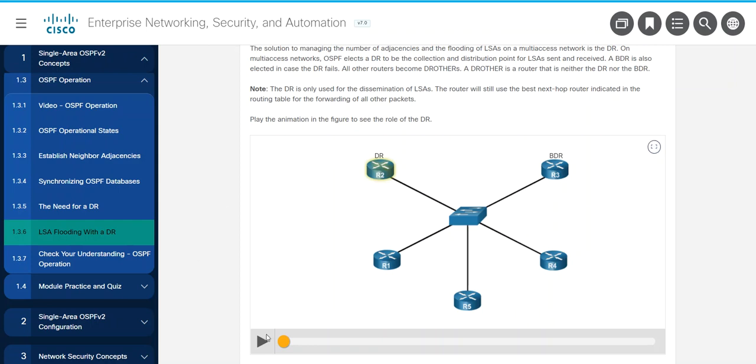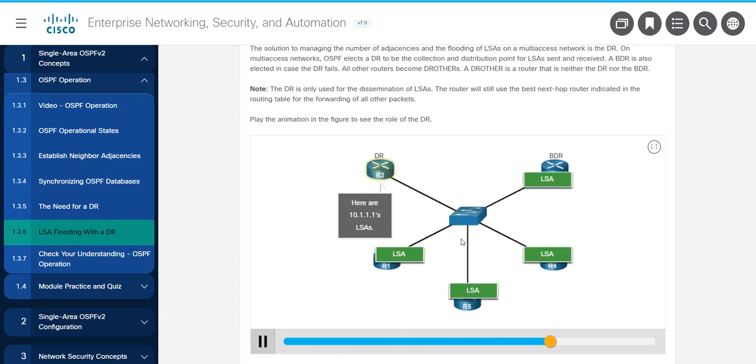You can see the role of the designated router here. That device was sending the information out to everybody, but then you notice that the update only came from the designated router instead of all the other devices. That would be the reason for choosing a designated router and a backup designated router.